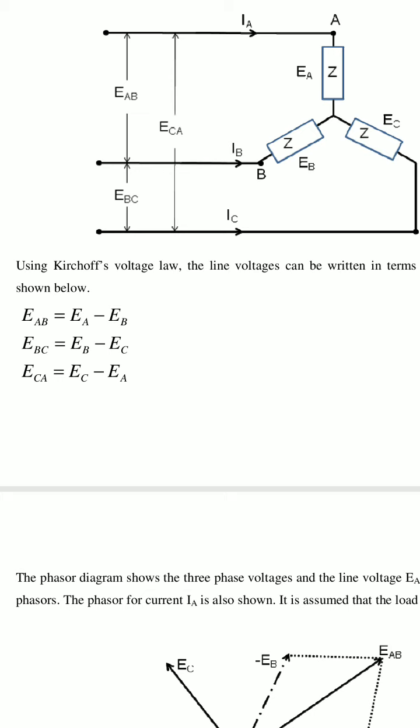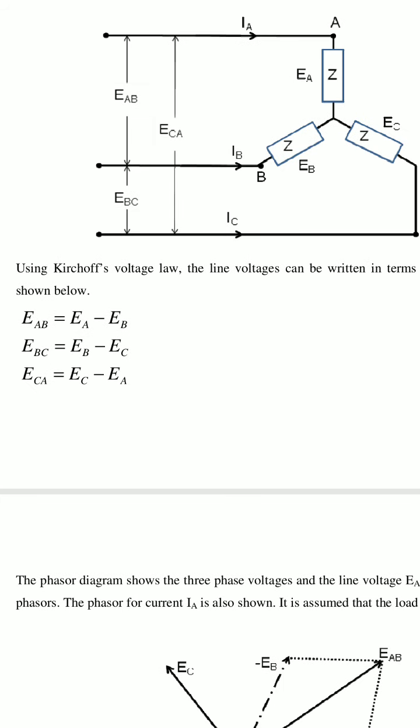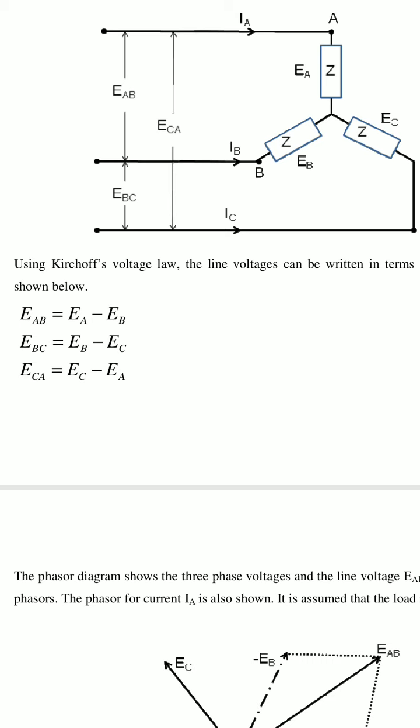EAB is EA minus EB, where EAB is the line voltage, and EA and EB are phase voltages. Also EBC equals EB minus EC, and ECA equals EC minus EA.